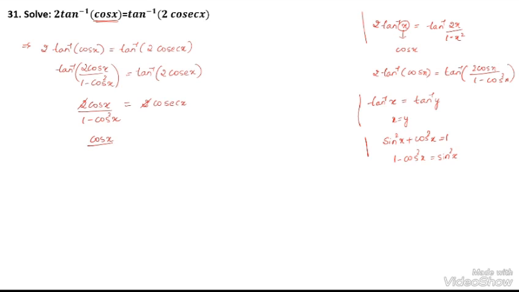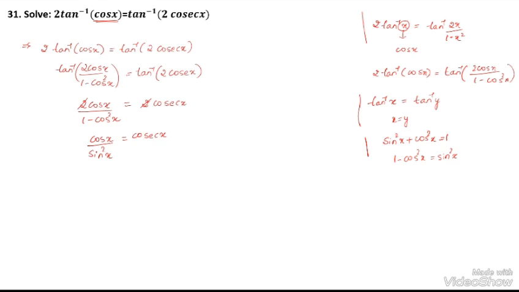I can use this property. 1 minus cos square x can be written as sin square x is equal to cosec x. Then here cos x divided by sin square x.